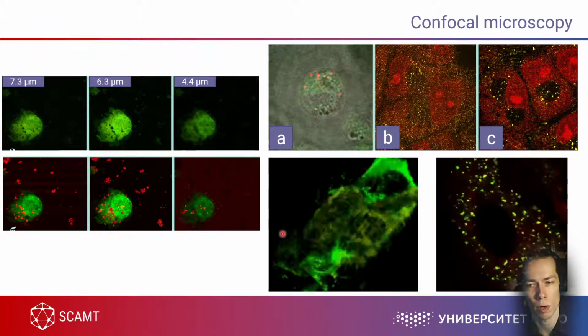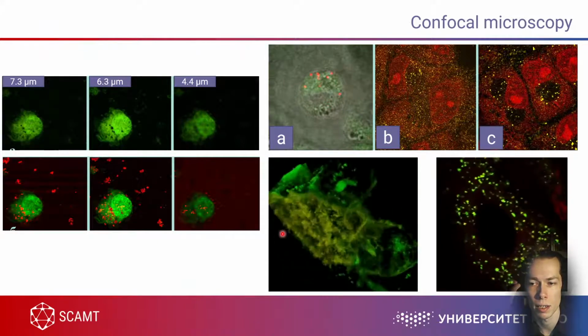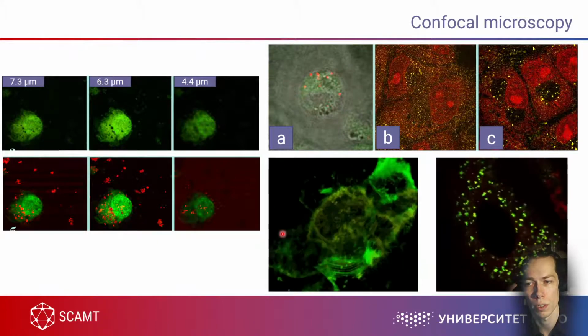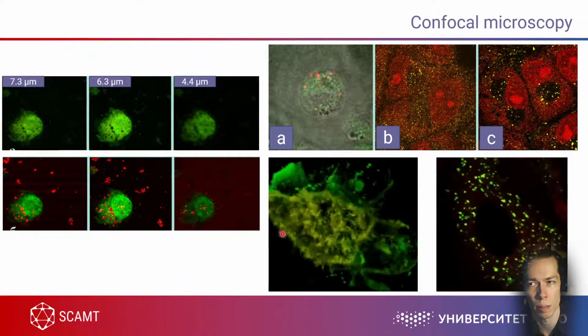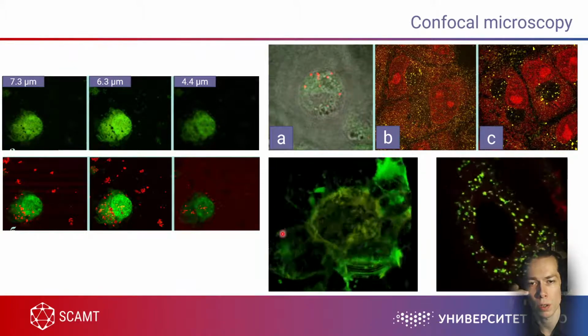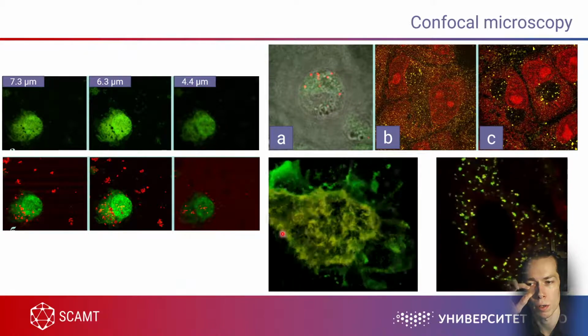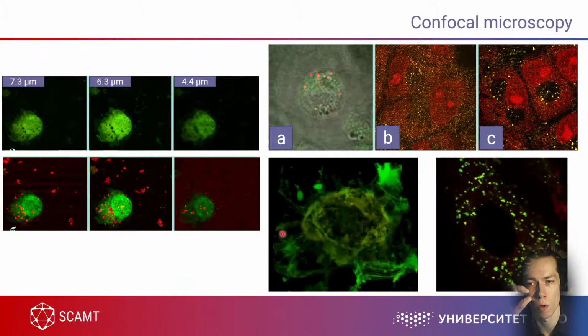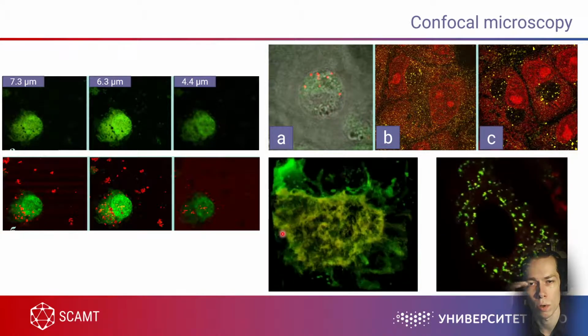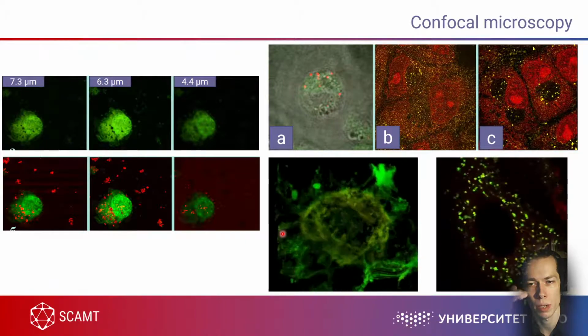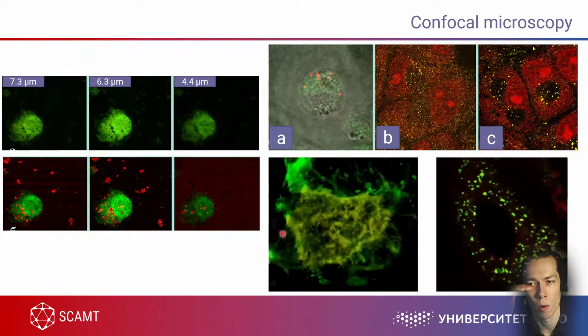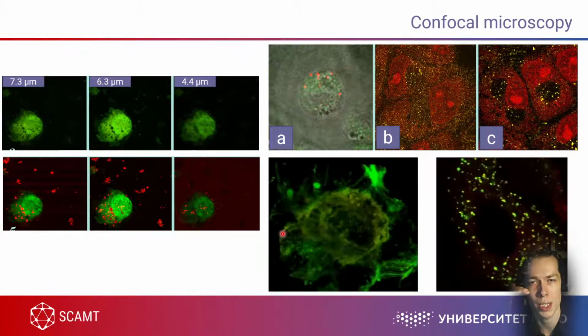You just need to understand that compared to a simple optical microscope, a confocal microscope has very good resolution on the z-axis. So a confocal microscope can split your sample into optical slices, so-called Z-stacks.